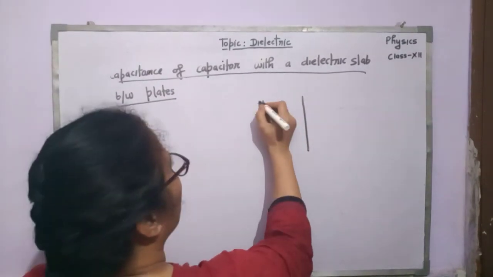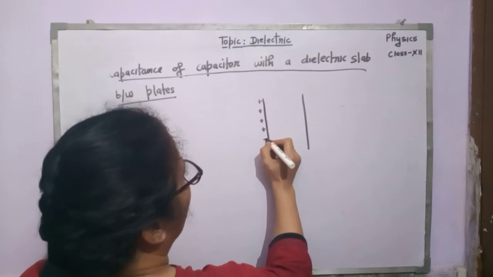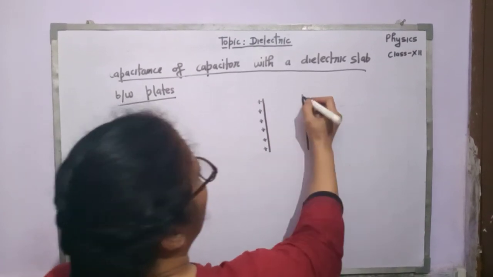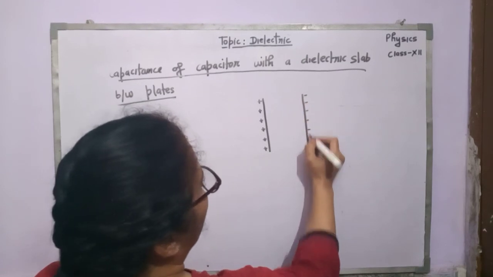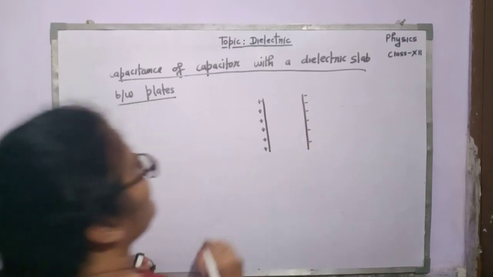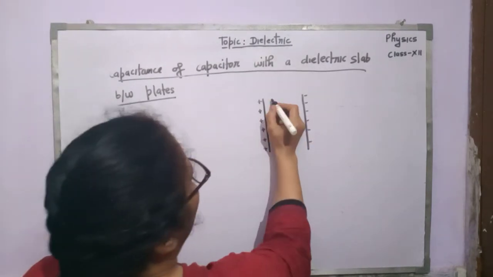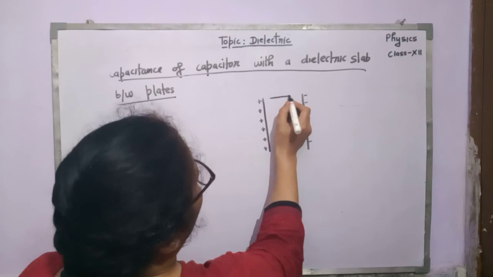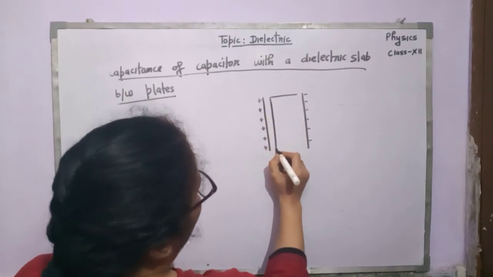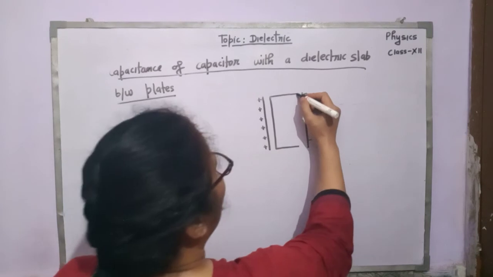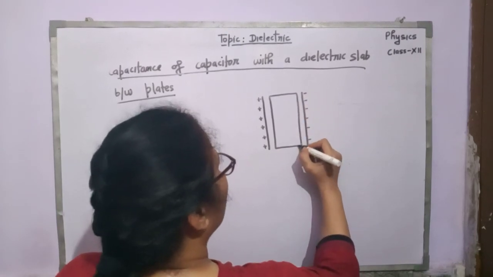This plate is positively charged, with plus charges here, and here also minus charges are there. Now a dielectric slab is placed between the plates, this one. Then what happens? We have to determine the capacitance.